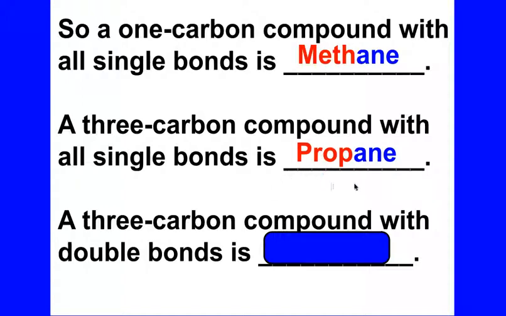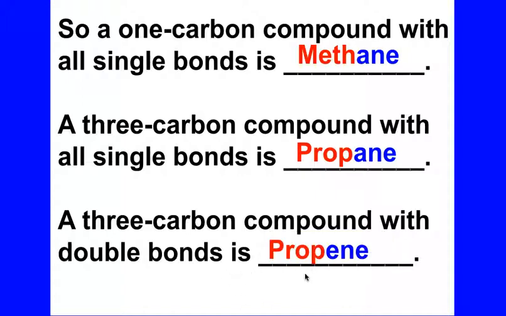Prop for three and ane for all single bonds. And a three carbon compound with double bonds would be called propene. Prop for three carbons and ene for double bonds. And we will practice some of those in class.